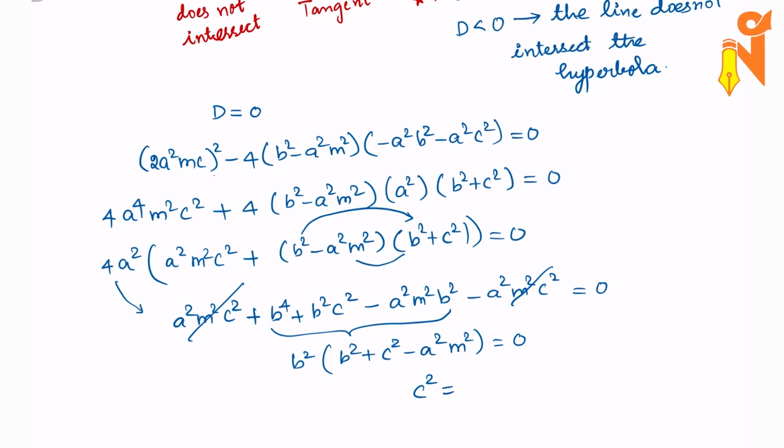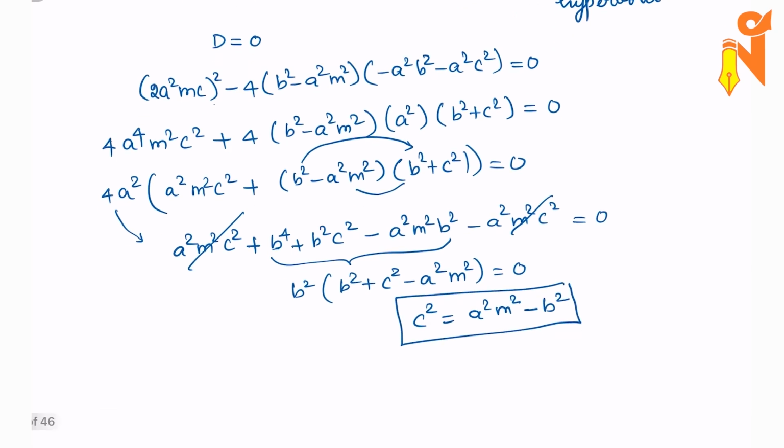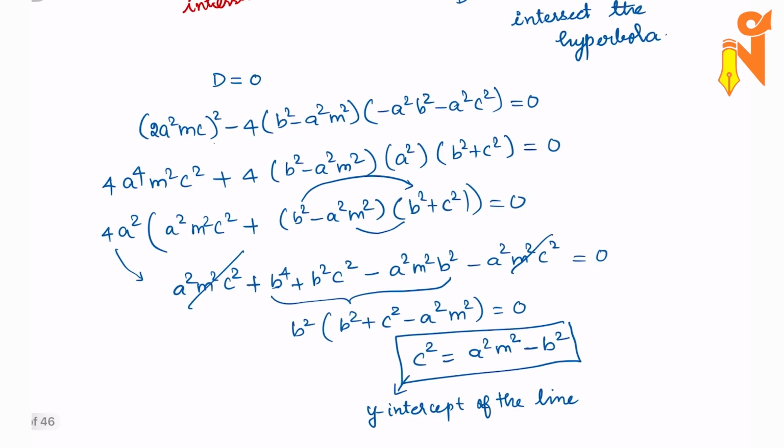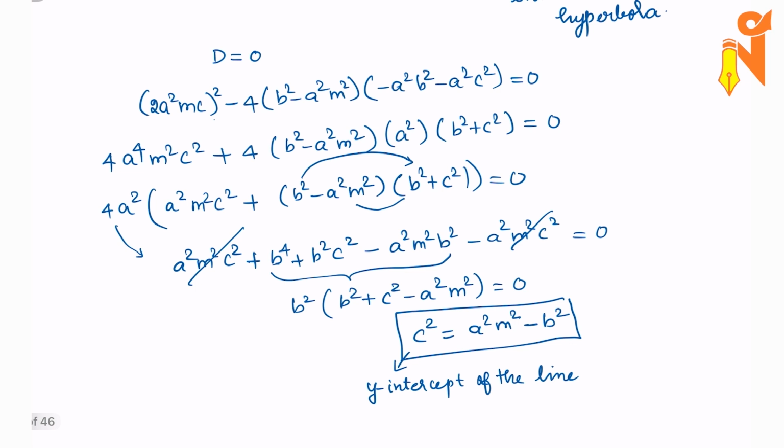From this, c square is a square m square minus b square, where c is the y-intercept of the line. So if c square is equal to a square m square minus b square, then the line will act as a tangent. This is the condition for a line to be a tangent.